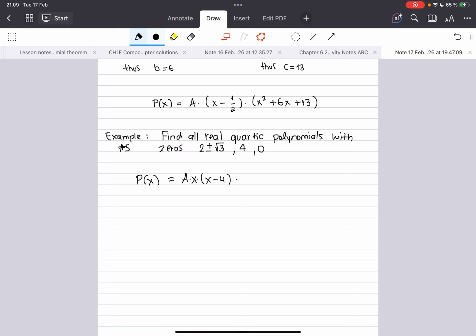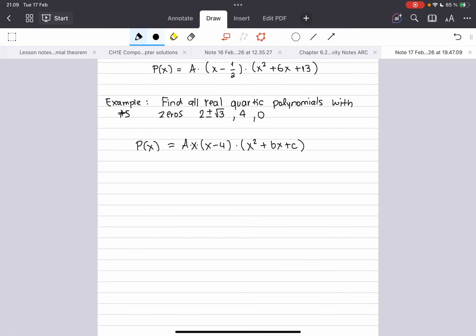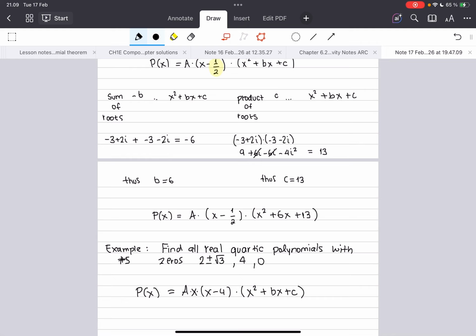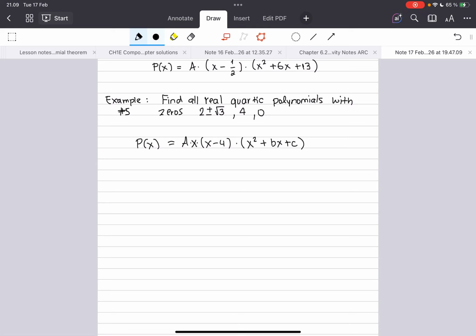So we're missing the quadratic part, so I'll just write it again as x squared plus bx plus c. And as we did right above here, the sum of the roots will give you your negative b, and the product will give you the c.